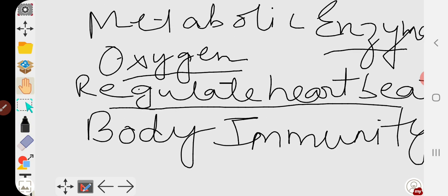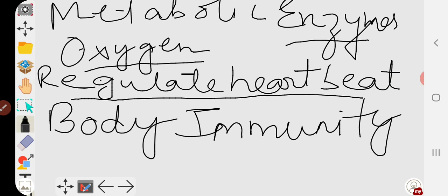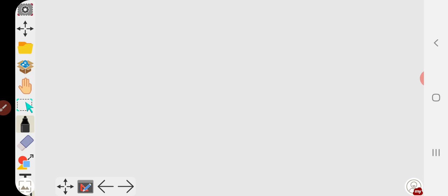Then it is there for our body immunity, quickly healing our wounds, and there are many important works of minerals for our human body. So we have seen that minerals are indispensable for our life, whether related to economic importance or to our own survival.